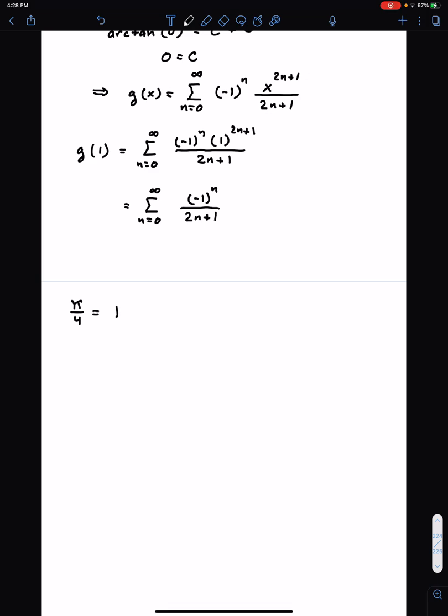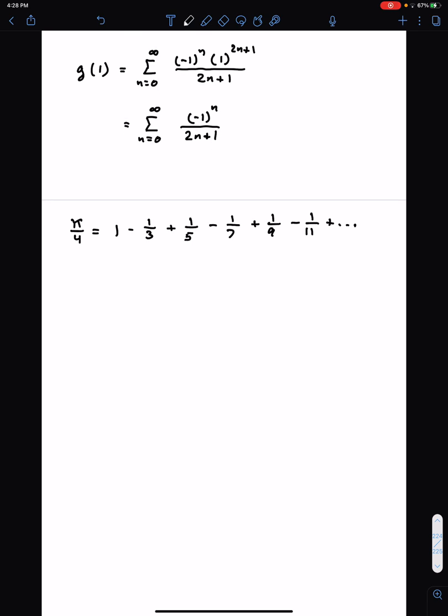When n is 1, that term is negative 1 over 3. When n is 2, I have positive 1/5. When n is 3, negative 1 over 7. If I continue, plus 1 over 9, minus 1 over 11, and so on.